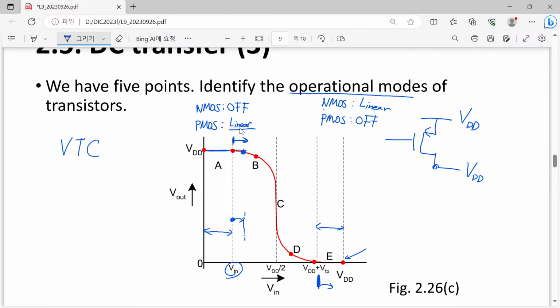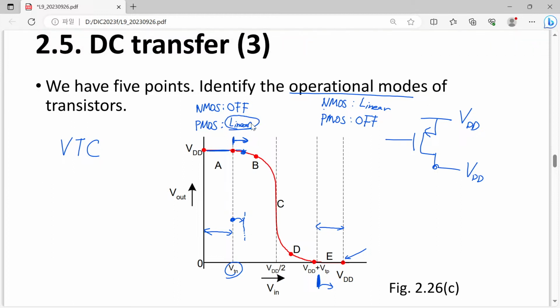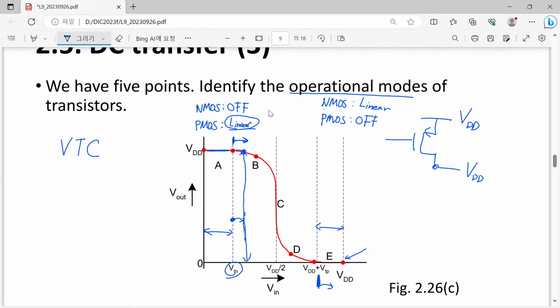So still our PMOSFET will be in its linear region, but now our NMOSFET is anyhow turned on and the drain voltage is quite high for our NMOSFET. So in this range, we will have the NMOSFET in its saturation mode and the PMOSFET in its linear mode.